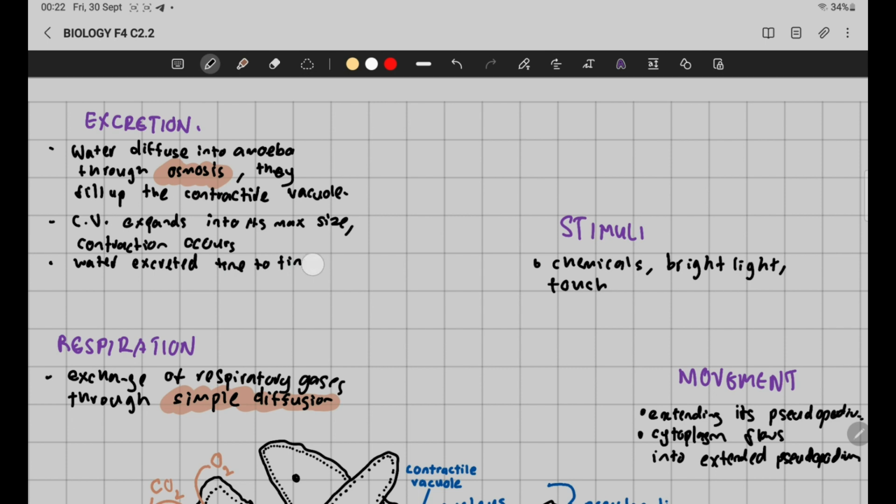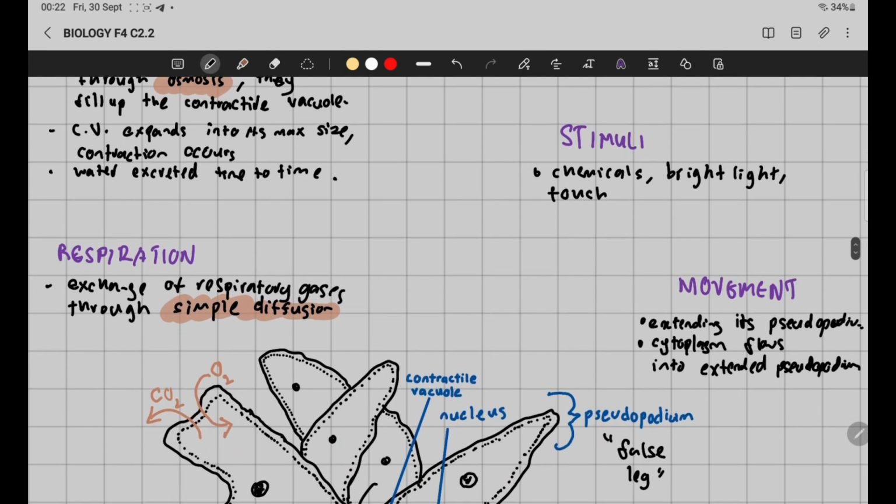And part of the excretory process is carbon dioxide and ammonia, which are byproducts of metabolism and respiration.